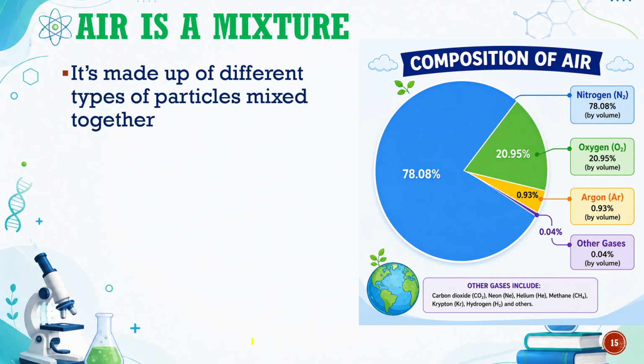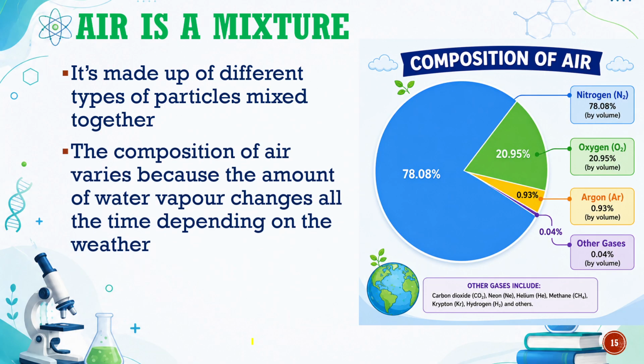Basically, air is a mixture of various gases together, made up of different types of particles, which are matter in the form of gas. The composition of air varies based on the region and the amount of water vapor in the air.